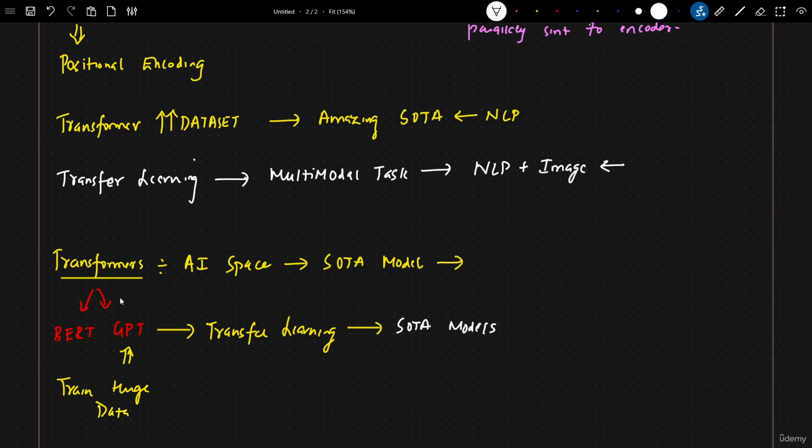And the architecture is completely based on transformers itself. And as I said, for multimodal tasks, the same architecture is also used with respect to images. So if you see in OpenAI, some applications like DALL-E, based on just a text, they are able to generate images, right? Entirely, it is completely based on transformers.